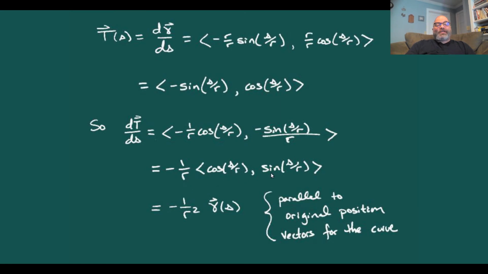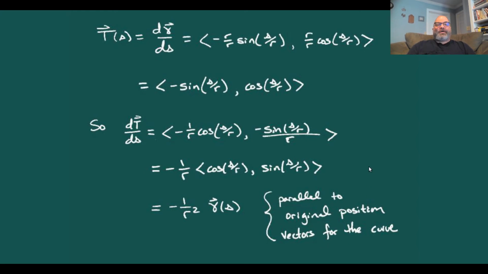Now if we're going to relate this back to our original parameterization, this looks like minus 1 over r squared times our original vector gamma of s. So this is telling us that in the particular case of the circle, we get a vector that's going to be parallel to our original position vector. And so that's going to be of importance.